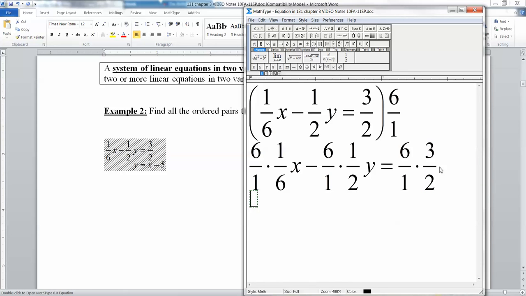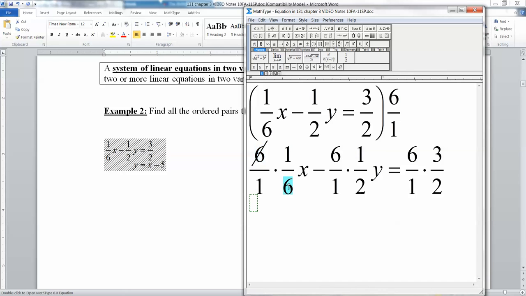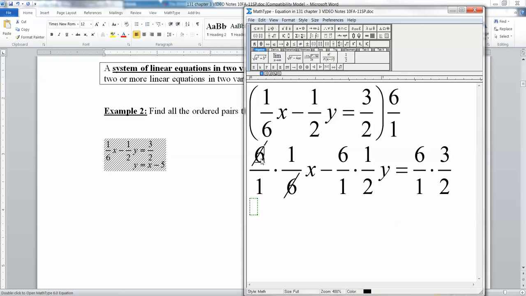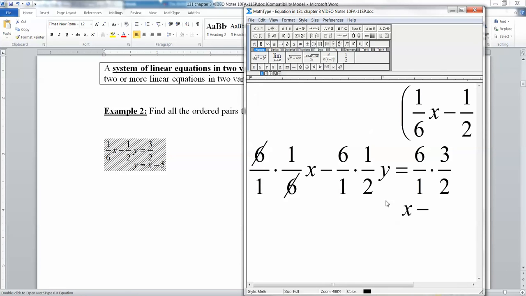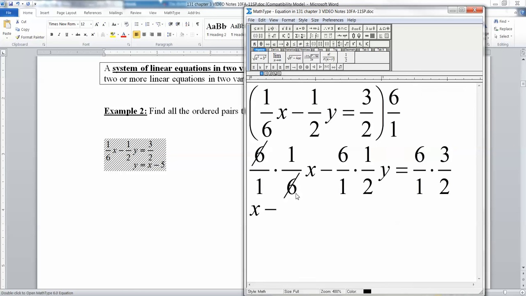All right, now I know you're thinking, Alana, that makes things worse. Oh, but it doesn't. Because what happens is they divide. 6 goes into 6 one time, so you're left with 1x, i.e. x. Minus. Then you've got your 6 and 2. 2 goes into 6 3 times.